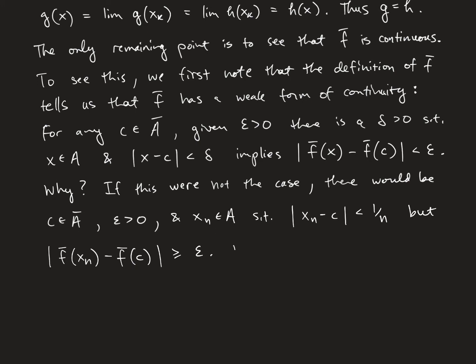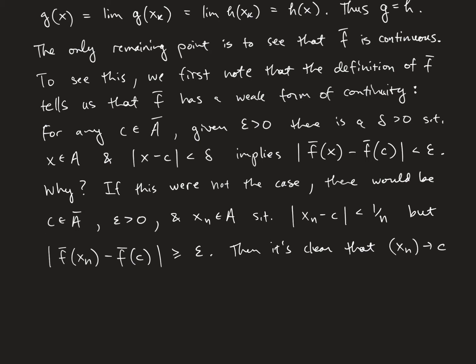Okay, so in this case, it's clear that xn converges to C, since these are getting less than 1 over n, and we can make 1 over n less than any given epsilon.